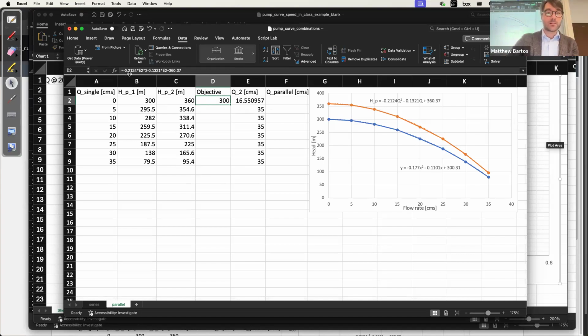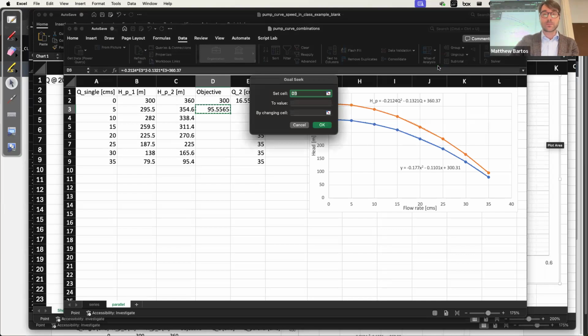So we are going to have our polynomial here. And we want this cell to evaluate to, we're going to set cell D3 to value. What is our value here going to be?